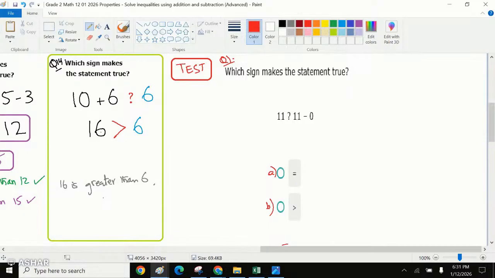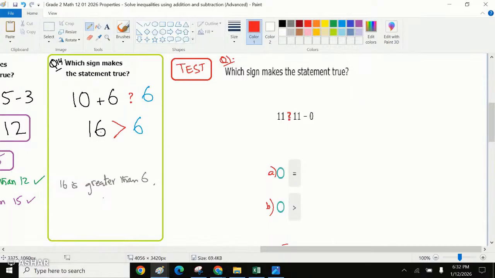Option A or option B? Yes, we are doing the test, okay? So which sign should come in the middle? The missing sign. This is the missing sign over here.